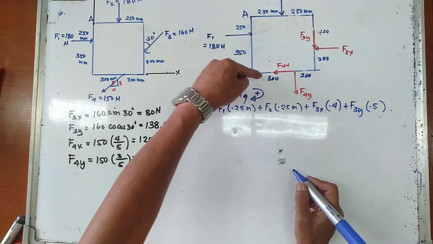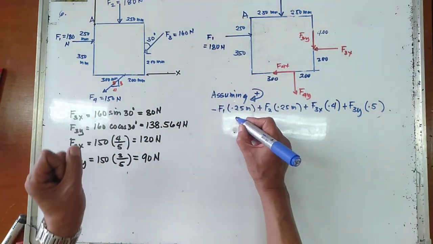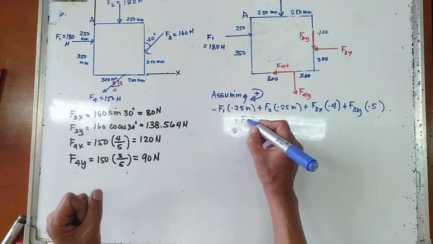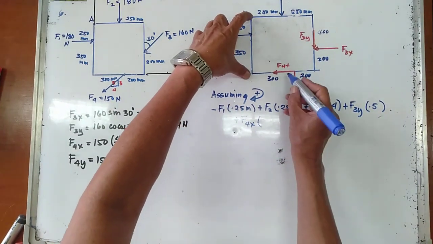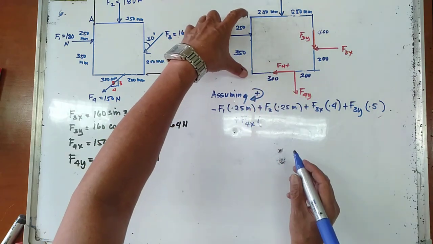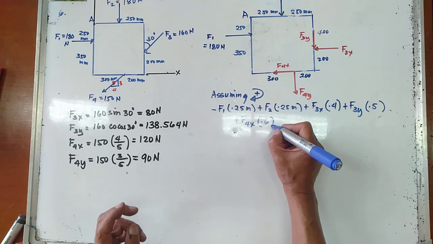F4x is going clockwise about point A, so that is again positive F4x. The moment arm is 600 mm, or that is 0.6 meter.